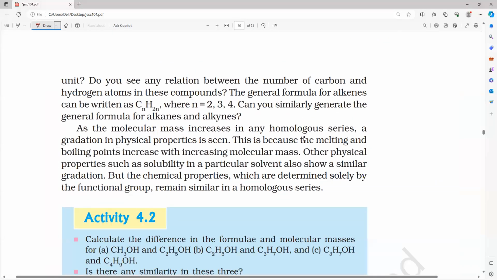Very, very important: as the molecular mass increases in a homologous series, the gradation in physical properties is also seen. Means the melting and boiling points increase with increasing molecular mass, and other physical properties such as solubility in a particular solvent also show a similar gradation. So the solubility range also changes. Chemical properties remain the same, but physical properties will vary. That is also a very, very important paragraph.